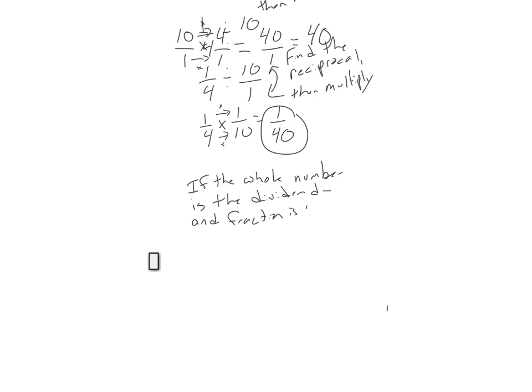So just like in that first example, when I had 10 divided by 1/4, our answer was 40, okay? And 40 was greater than both 10 and 1/4. So when my whole number is my dividend and my fraction is my divisor, the quotients will be greater than both the dividend and the divisor.